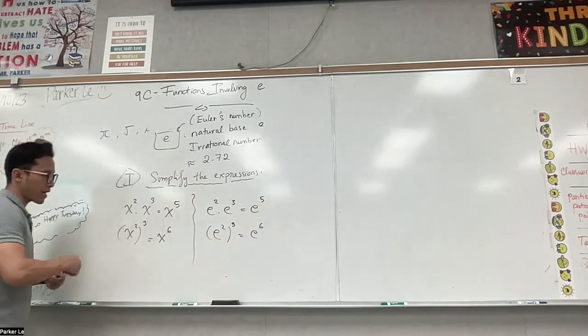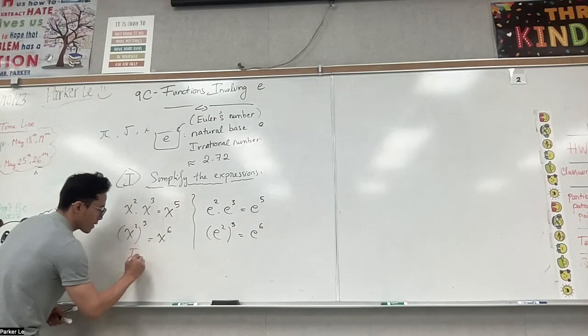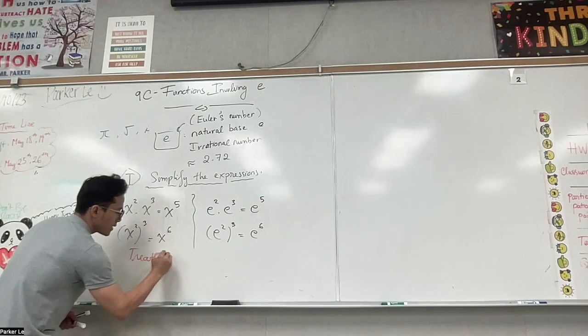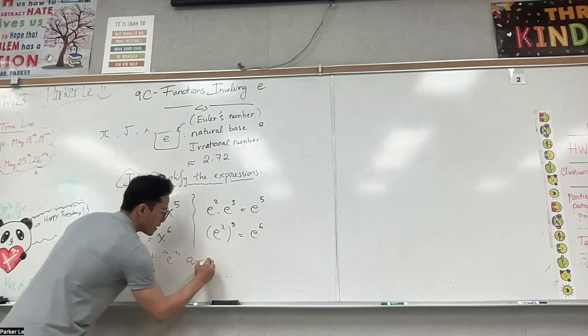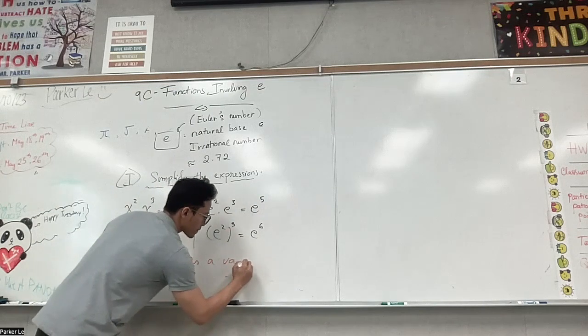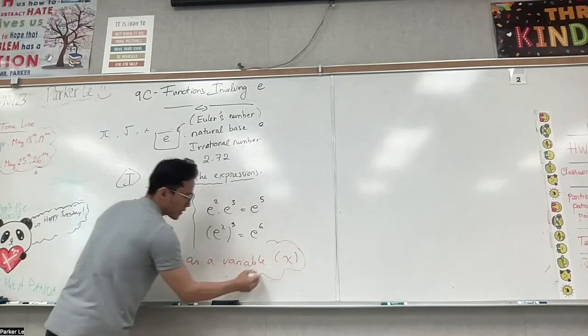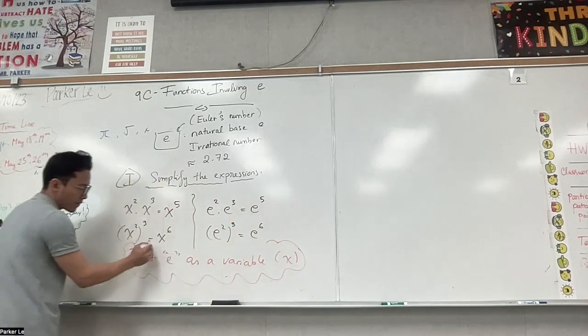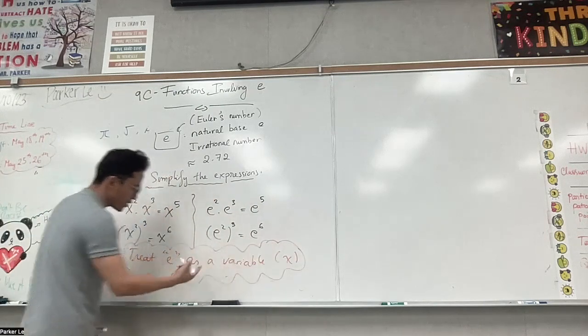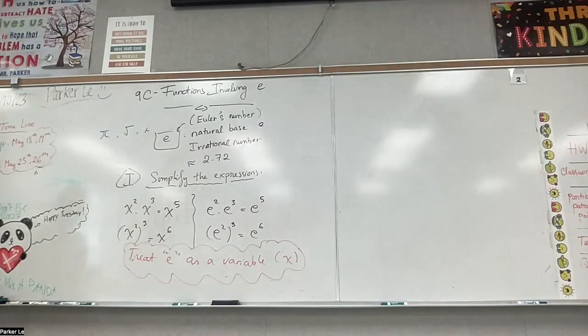So the note here is that you treat e as a variable. They just work the same way. Sometimes we use x as a variable, sometimes y, but we treat e as a variable. Easy, right?